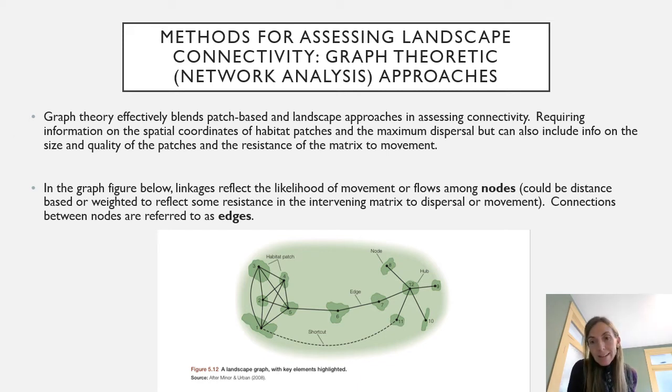So we can look at distance between those patches, but then also apply our knowledge of an organism's willingness to move across the intervening matrix and add functional distance or weight to various connections based on the matrix. And those connections are referred to as edges. And this concept really gets applied to the next type of connectivity we'll look at as well.